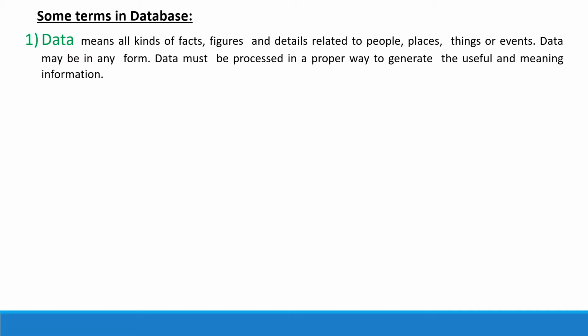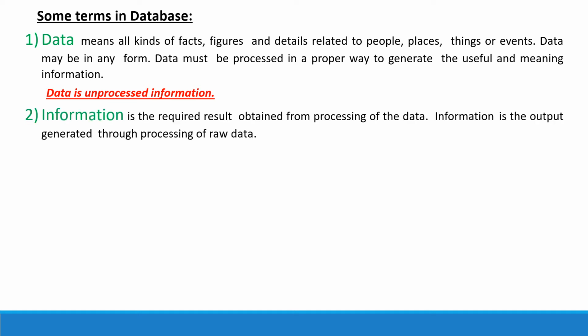Data must be processed in a proper way to generate useful and meaningful information. That means we have to apply certain operations on data to generate specific and meaningful information. So data is nothing but unprocessed information, where processing is not done on that data.